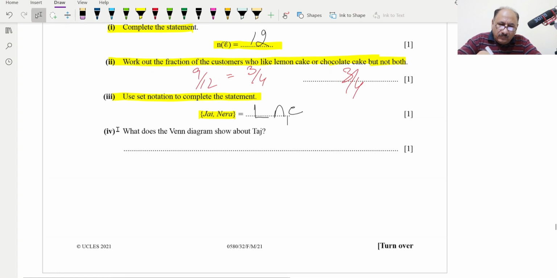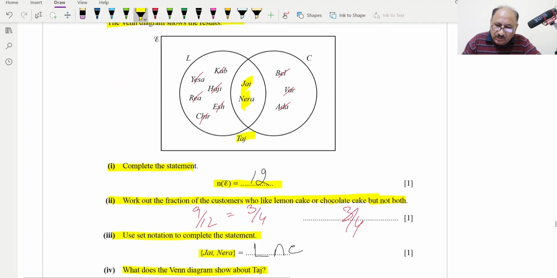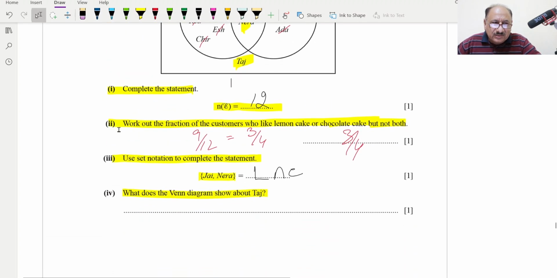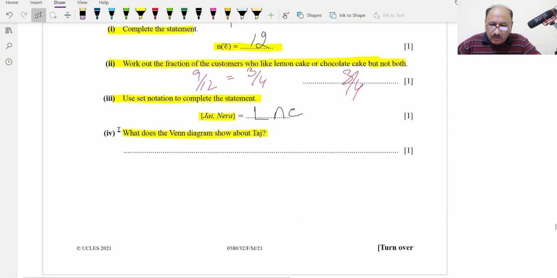And then fourth part, what does the Venn diagram show about Taj? Where is Taj? Taj is here outside. So which is basically complement.